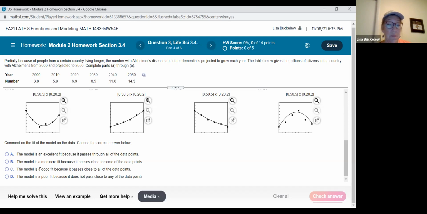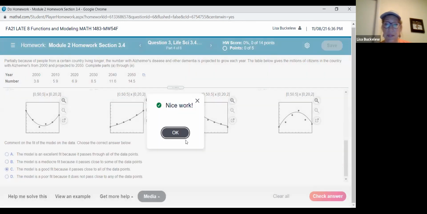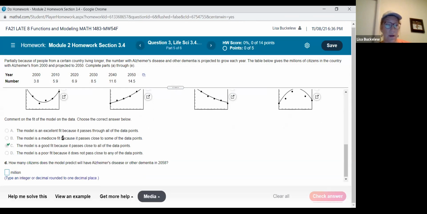Part C, the model is a good fit because it passes close to all of the data points. That one sounds about right to me. Part D, the model is a poor fit because it does not pass close to any of the data points. So I'm going to say C, because it doesn't look like it hits exactly, because you can see some points hit above, and just below. But it's still good for getting the gist of what's going on there.